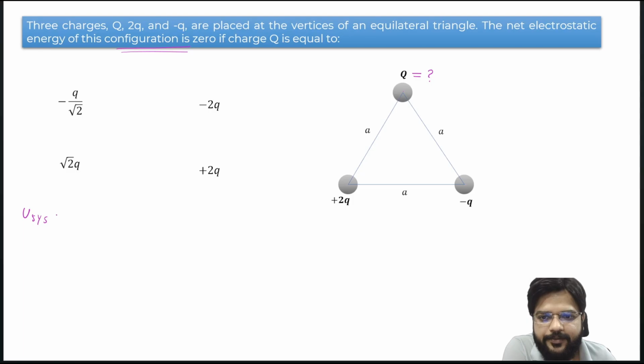If you want to write the potential energy of the system, first of all, we see how many pairs we have. Here we have a total of 3 pairs, correct?